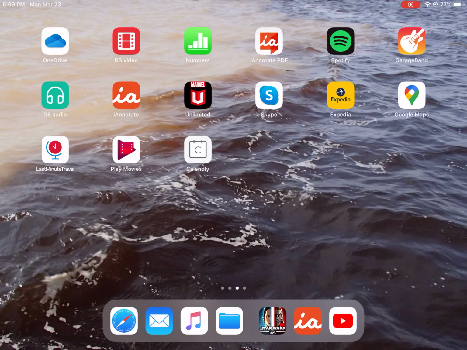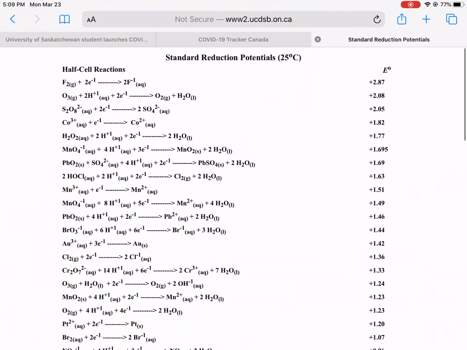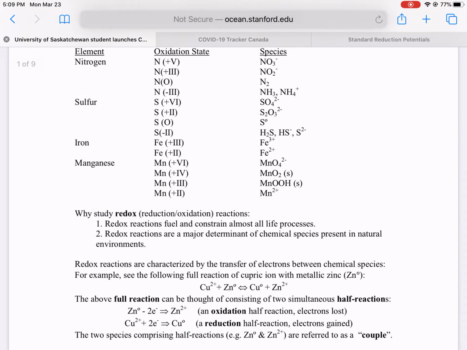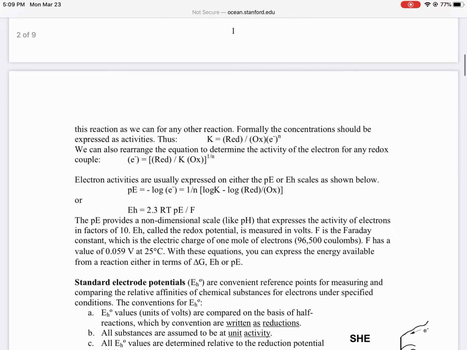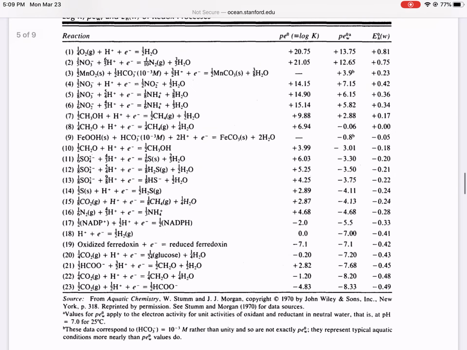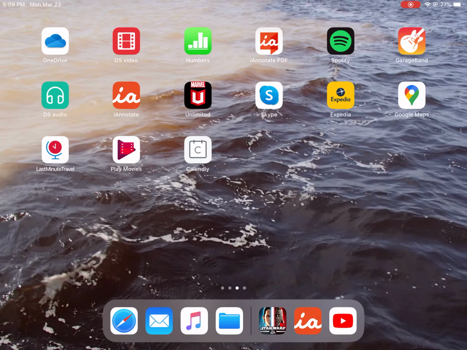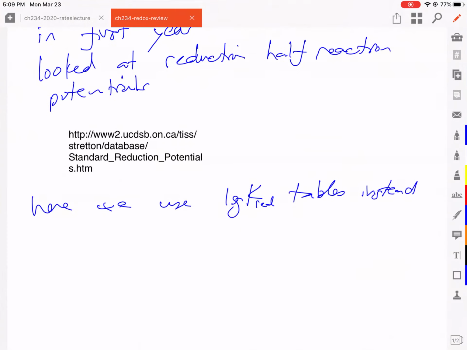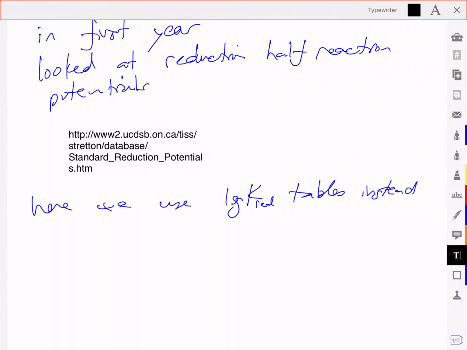So I looked up a website that shows that. So you can see here the table right there. There's all the log K values as the first numerical column there. All right, so I'll paste this in.